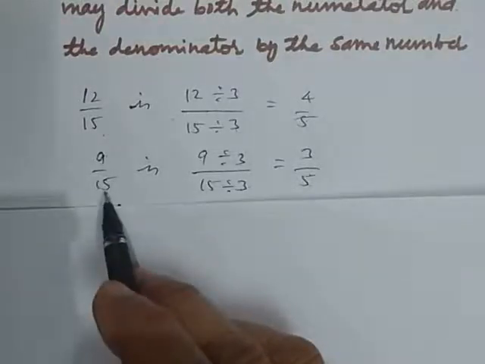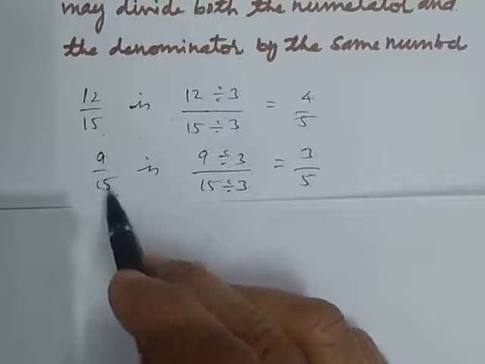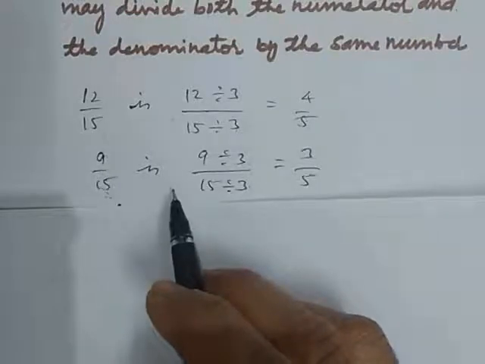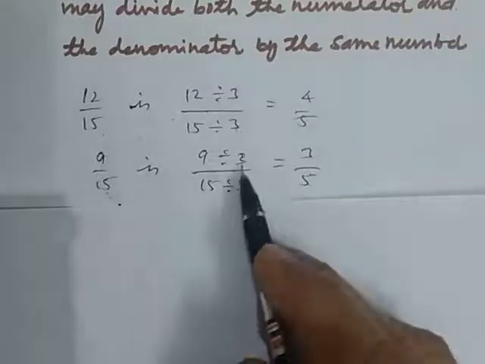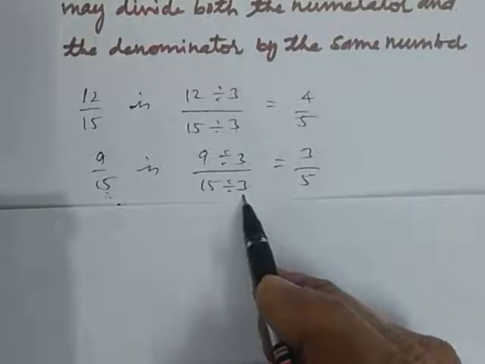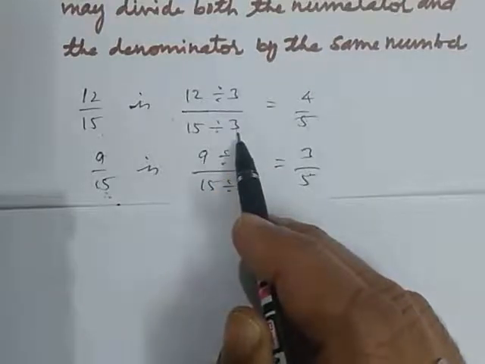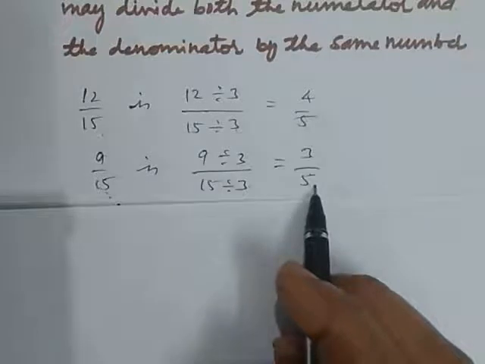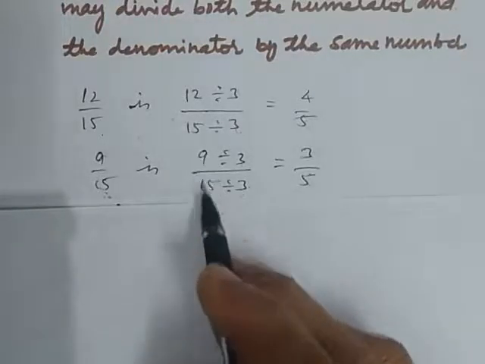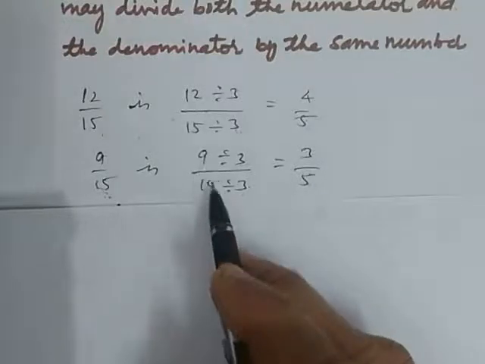So 3 is the common divisor, that is, the common factor, of 9 and 15. That's why we divide by 3.